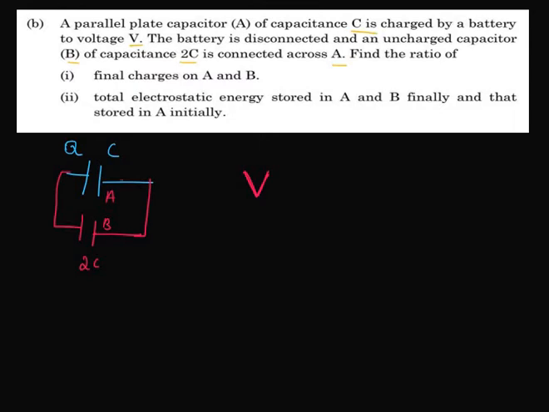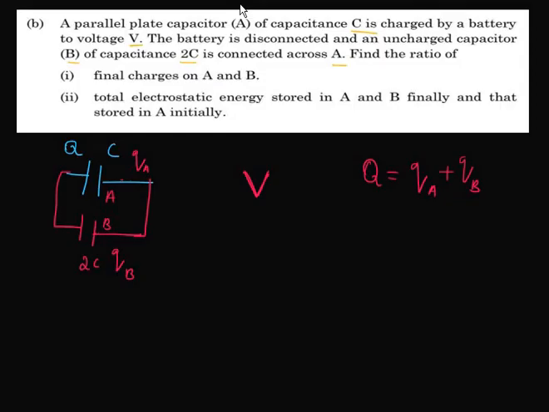Now once you connect the capacitors across, let us say the charge on the first capacitor A is QA, and the charge on the second capacitor is QB. So the total charge Q will be equal to QA plus QB. That is, the initial charge Q has been divided among the two capacitors.